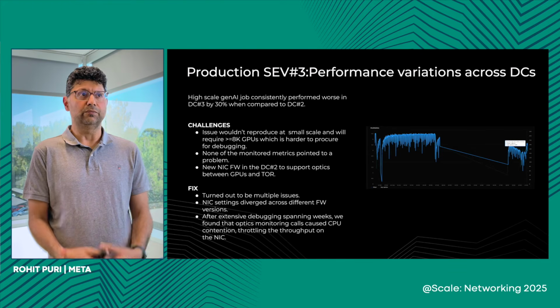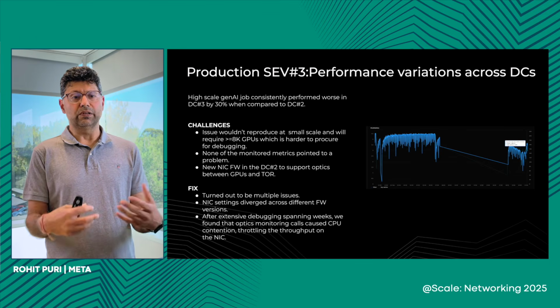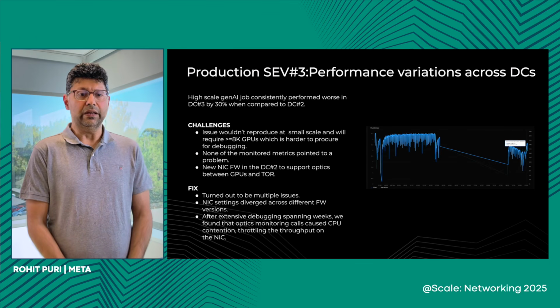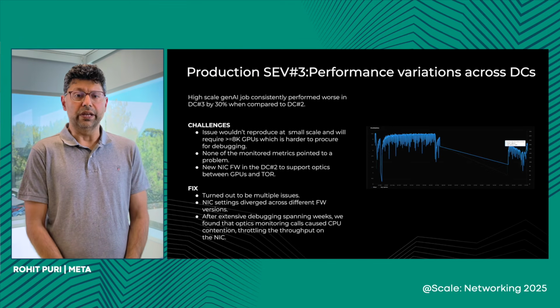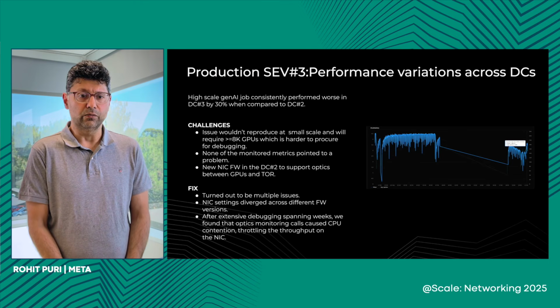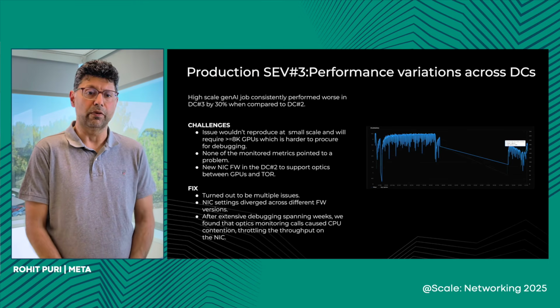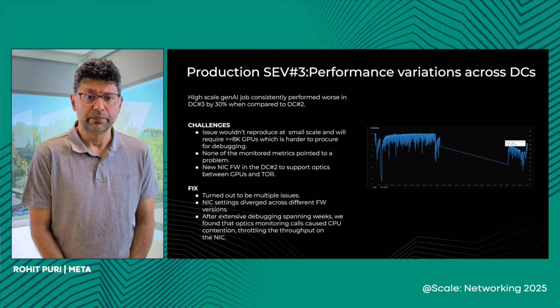And that was caused by our monitoring tooling, which was monitoring some of the optics, and it had a CPU contention throttling the throughput on the NICs. Once we fixed that monitoring, we were able to reclaim all our performance and we were back on track to delivering the GenAI models.